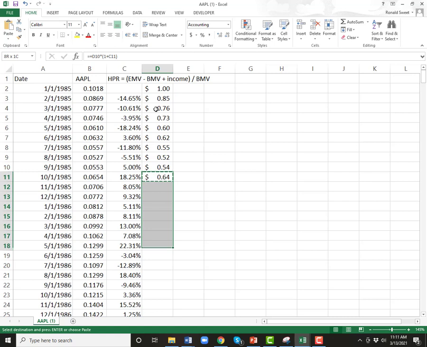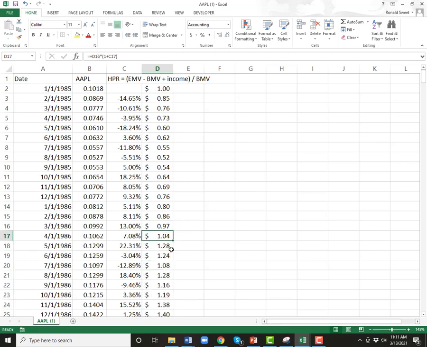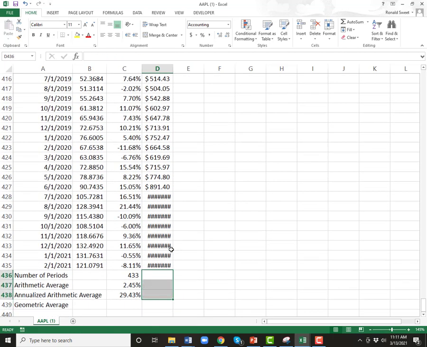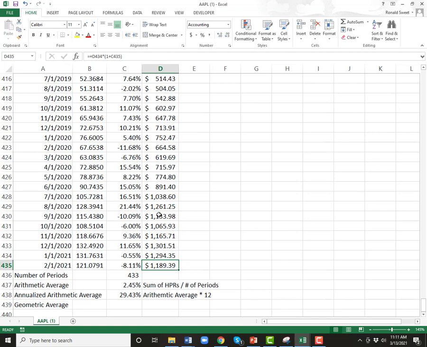But then it starts looking better. In about a year and a half, you're up to 28 cents. And we just keep linking these over and over again. So I'm going to copy that all the way down. And if you had invested $1 in Apple when they first started, you would have $1,189.39 now.